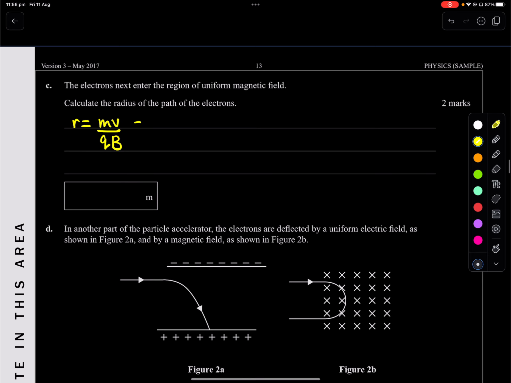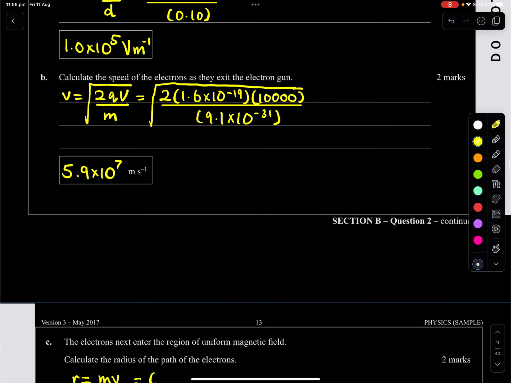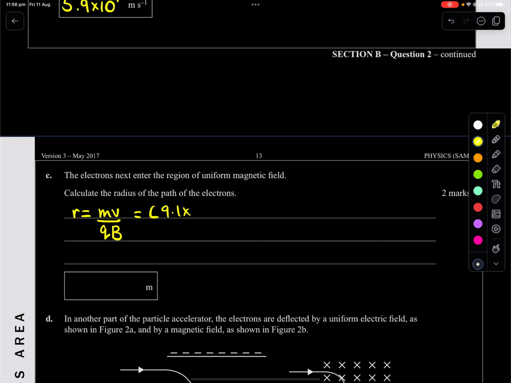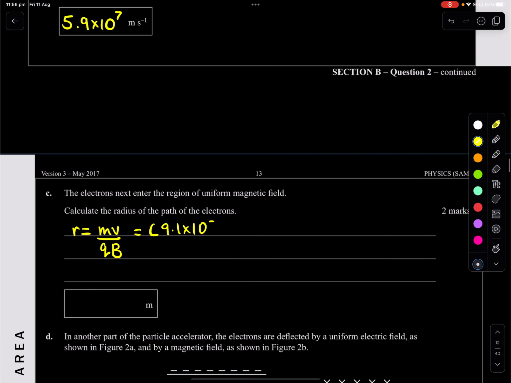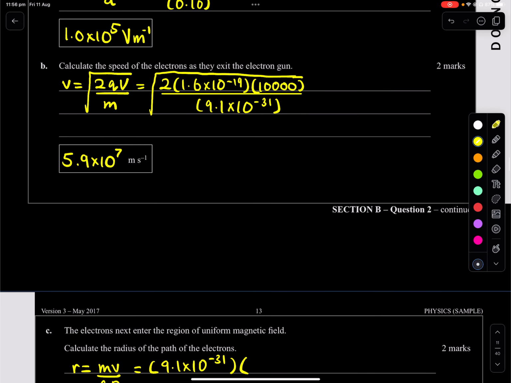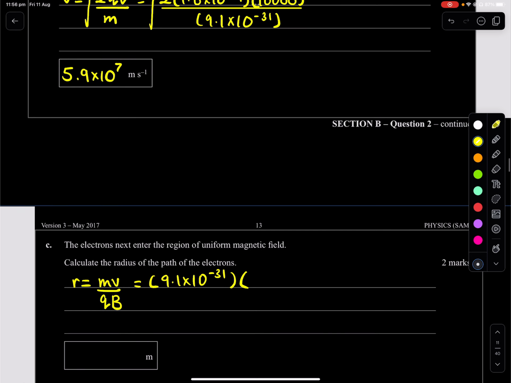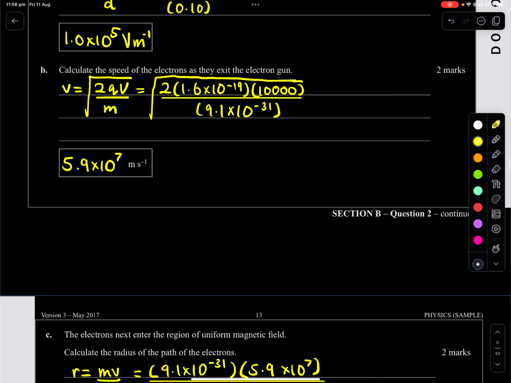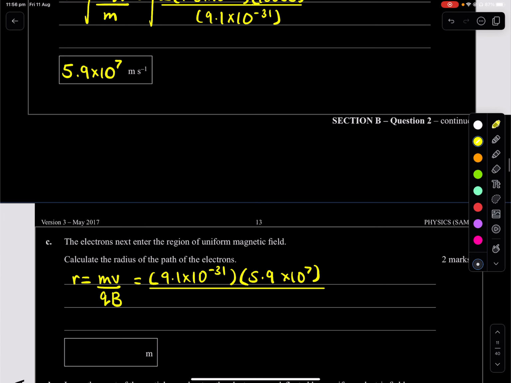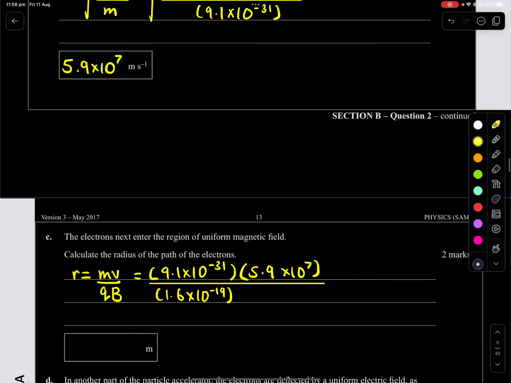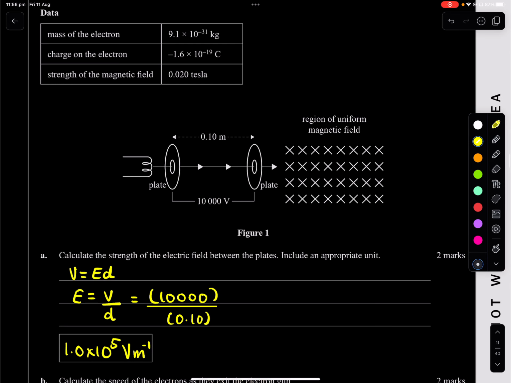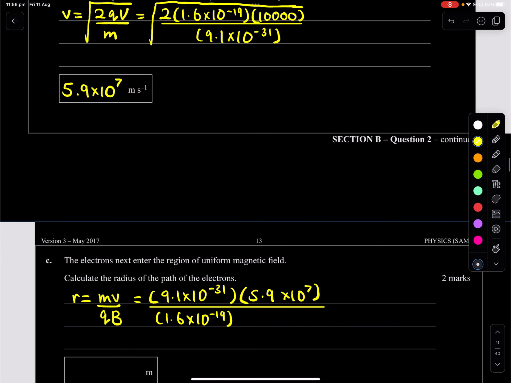So the mass of the electron is 9.1 times 10 to the negative 31, your velocity, which we just calculated, is 5.9 times 10 to the power of 7, all over q, your charge, which is 1.6 times 10 to the negative 19, and B is the magnetic field, which is 0.02 tesla. Is that right?